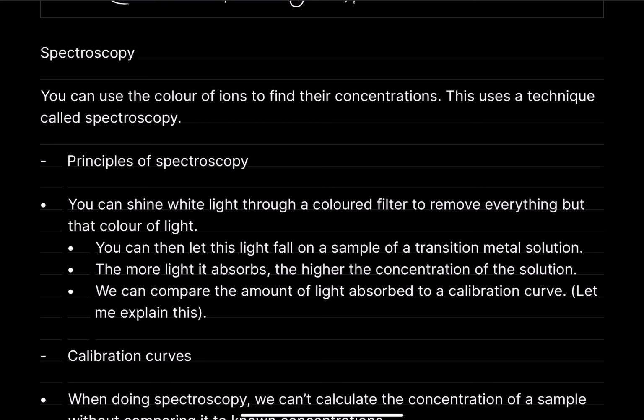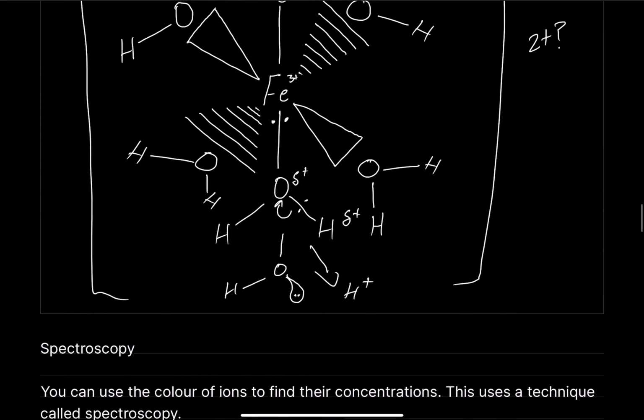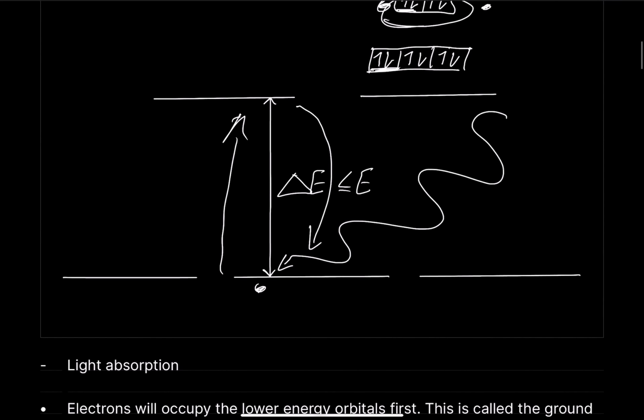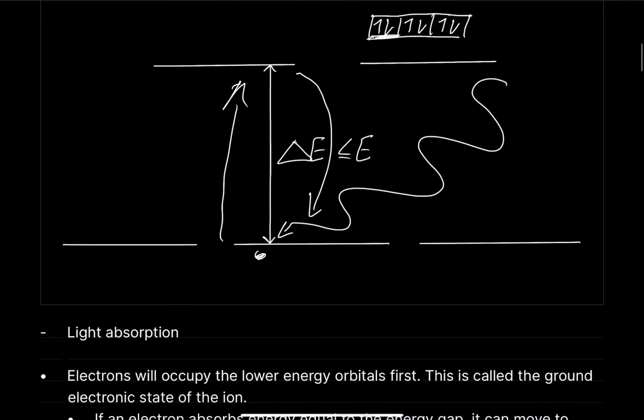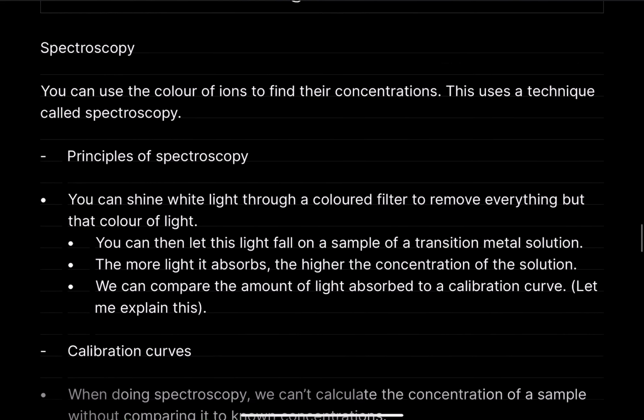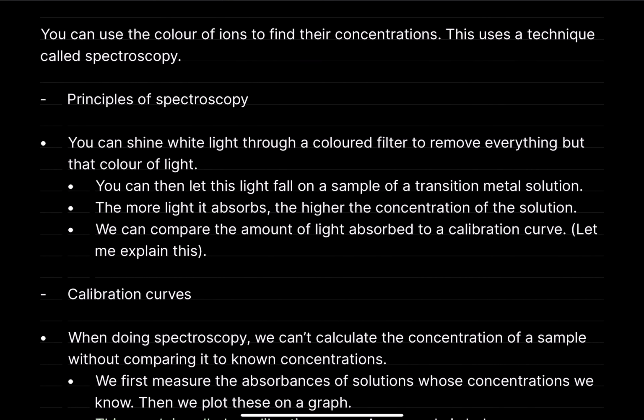Now, how do you do this, right? So we know that white light is built up of all the different wavelengths of light in the visible light spectrum. So, as I said before, when it comes down to the energy gap here, we're absorbing generally one specific wavelength of light. So just to ease this process, what we do is shine white light through a colored filter.